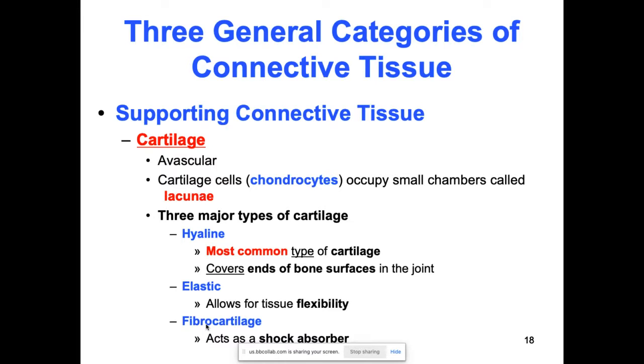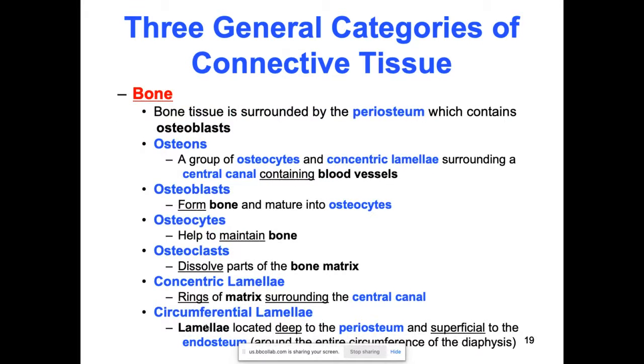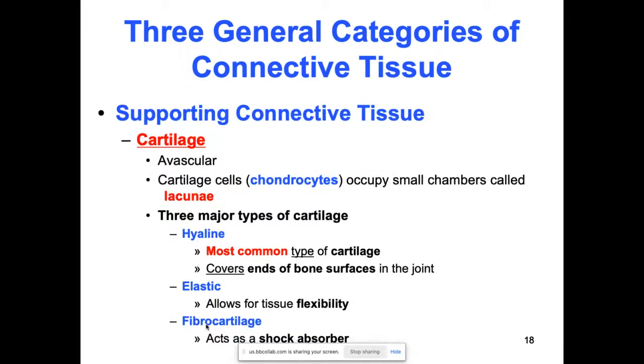It's going to cover where bones come together and form joints. Elastic is going to allow for tissue flexibility. There's elastic cartilage in the ear, in the nose, in the lungs, in the eustachian tube in the inner ear. So that's cartilage, avascular. Bone also falls under supportive.